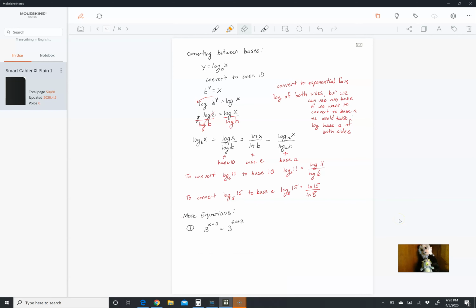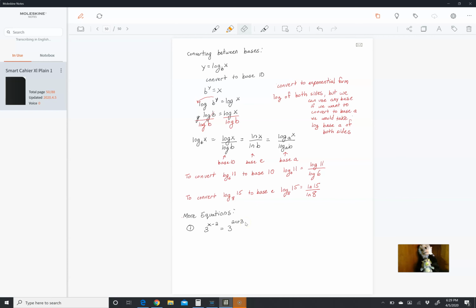Okay, so here the bases are the same. And if the bases are the same, the exponents have to be the same, okay? Because we can't have 3 to the 5th equals 3 to the 4th. That wouldn't make sense. The only way that the left side is equal to the right side is if the exponents are equal.